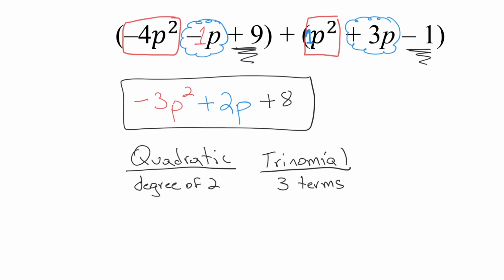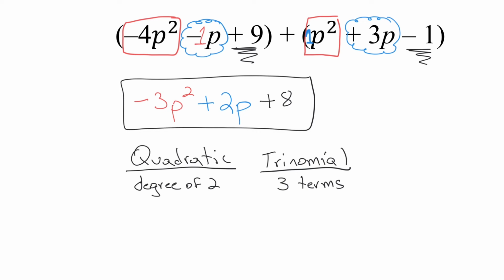Tri means 3. So the name for this polynomial is quadratic trinomial. Keep in mind that when you say polynomial, well, that's too general. Poly means many, right? But now we can be more specific, and we can say the degree of 2 is quadratic, and it has 3 different terms. Trinomial, quadratic trinomial.